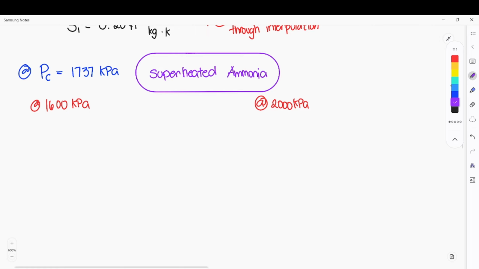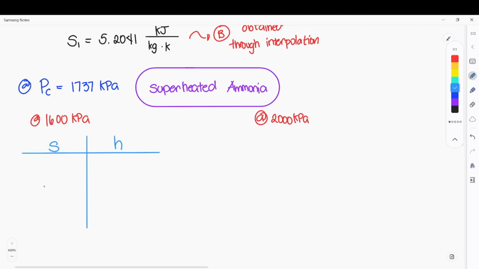So, nasa pagitan siya ng 1600 and 2000 and take note, it's superheated ammonia. So, punta ka sa superheated ammonia table mo, hindi dun sa saturated. So, una sa 1600 kilopascal, lagay din natin kung saan pumagitna yung 5.2041 na nakastore sa B.